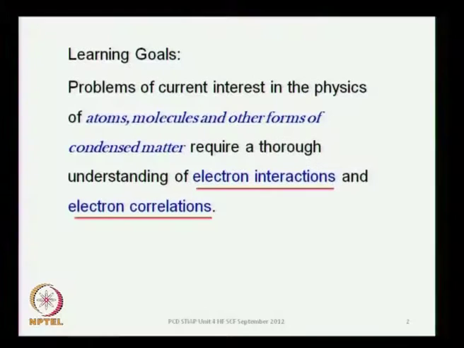So, all properties of condensed matter are derived from the properties of atoms and from their collective behavior, and we need to understand that when you have more than one electron present, these electrons are going to interact with each other, and we will talk about electron interactions with each other and also electron correlations.